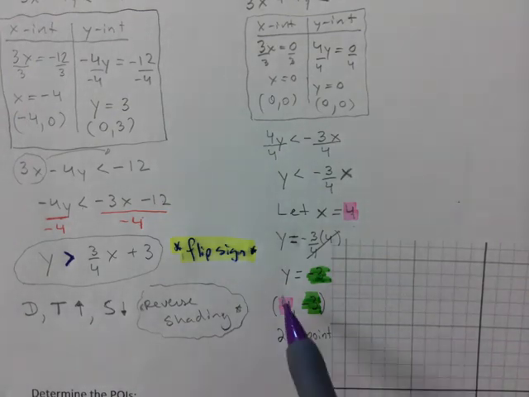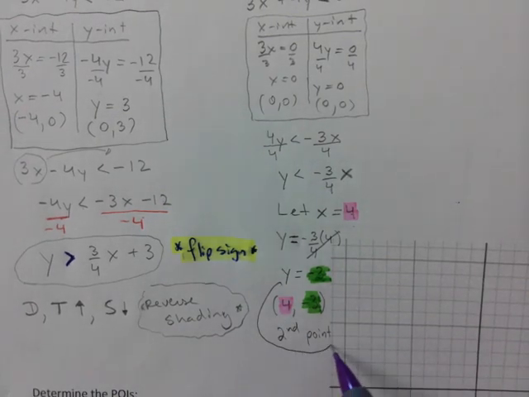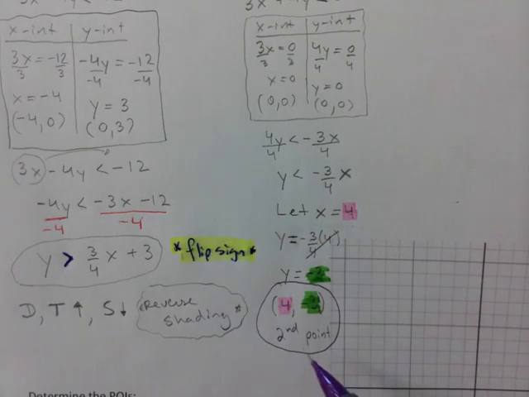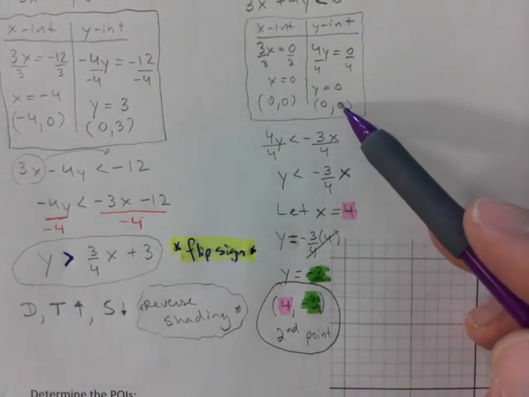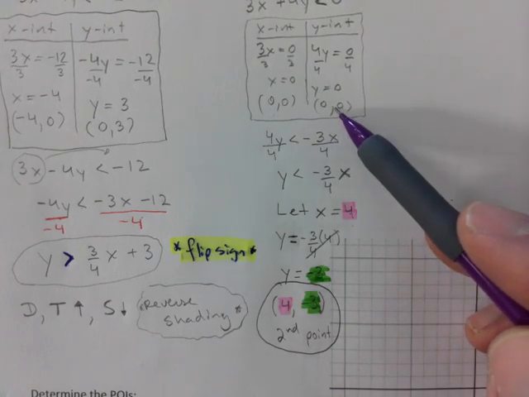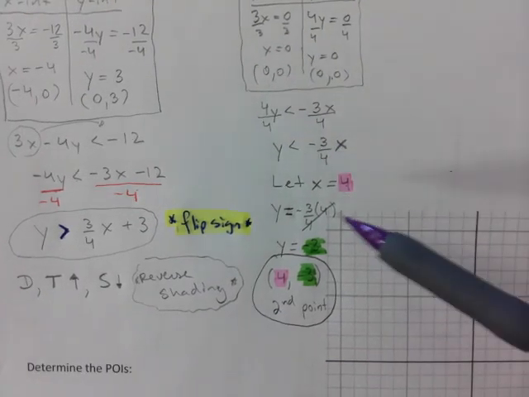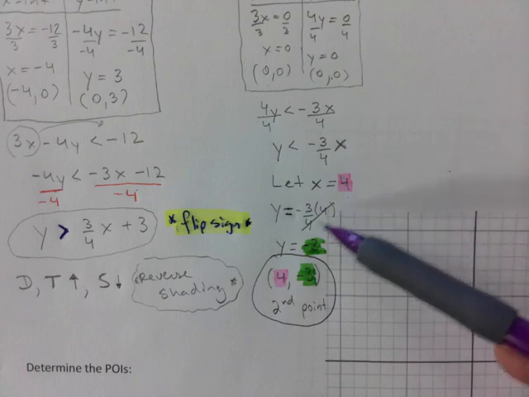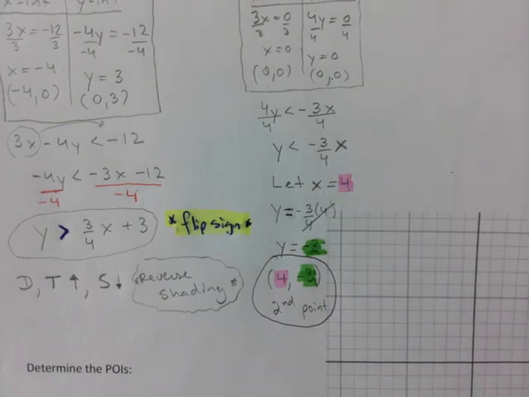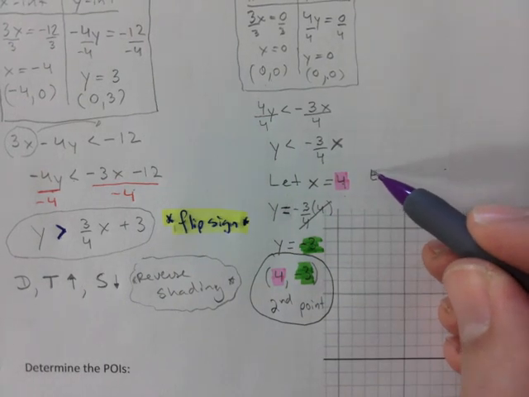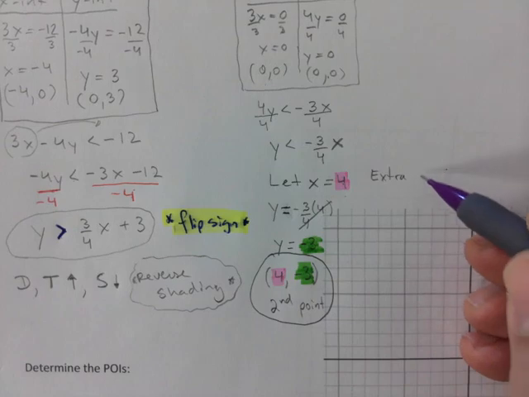And I'm going to circle this because this is very important to get that second point. We used to be able to get our 2 points here, but now we had to add this extra step to make this happen.